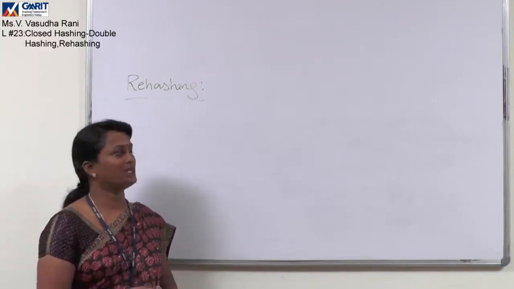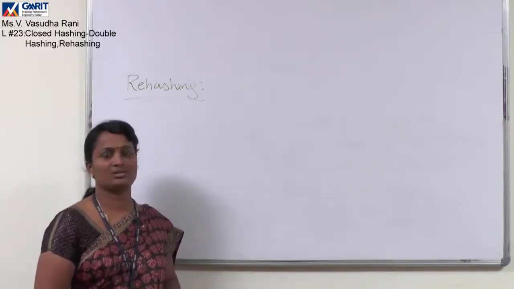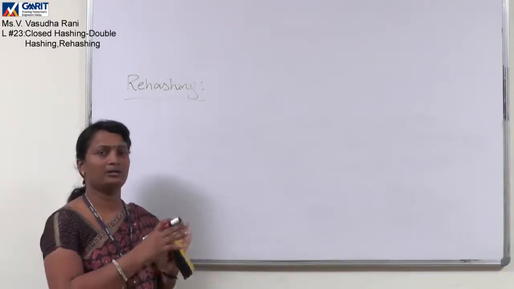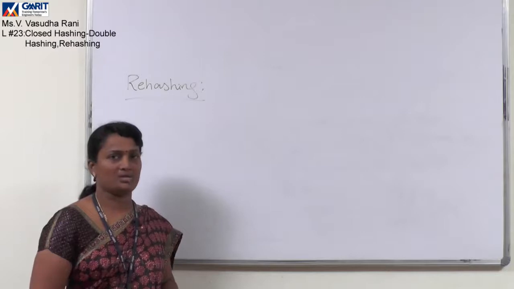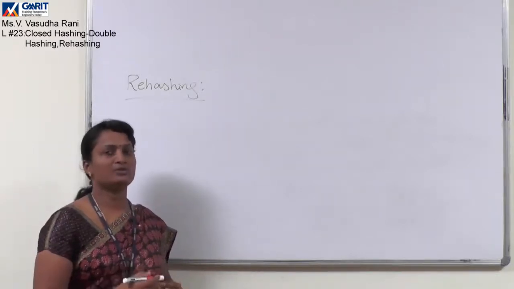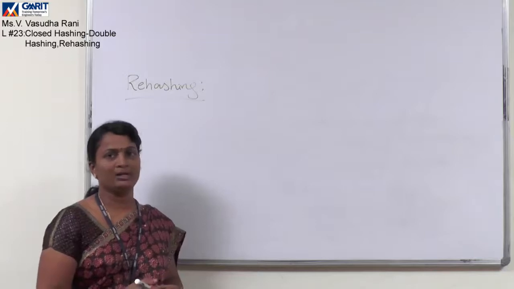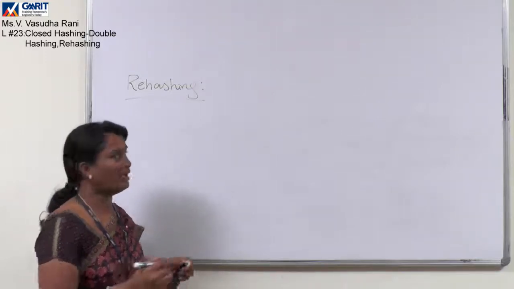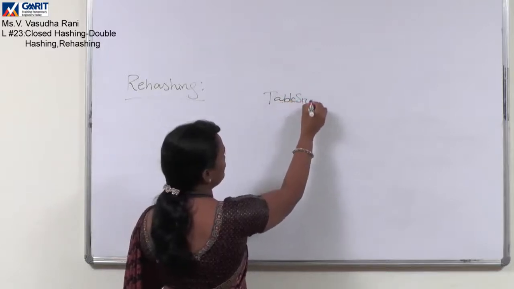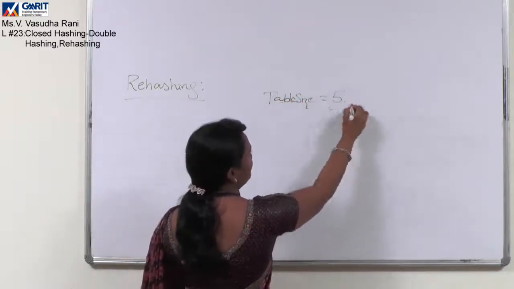Suppose you consider student registrations for a particular event. If you want to construct your hash table for that data, initially you have assumed that only 5 students may come forward for registration. In that case, you will take your table size as 5.